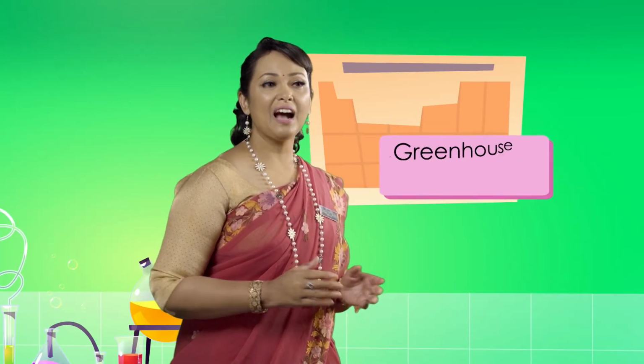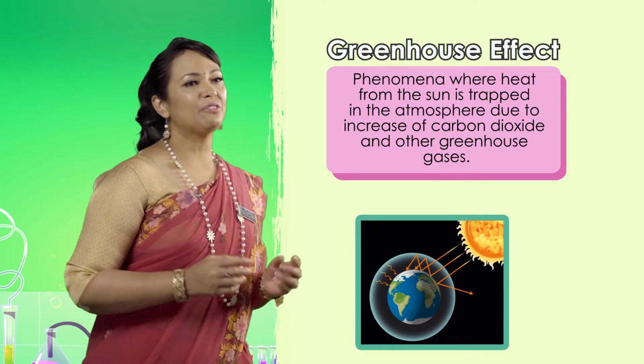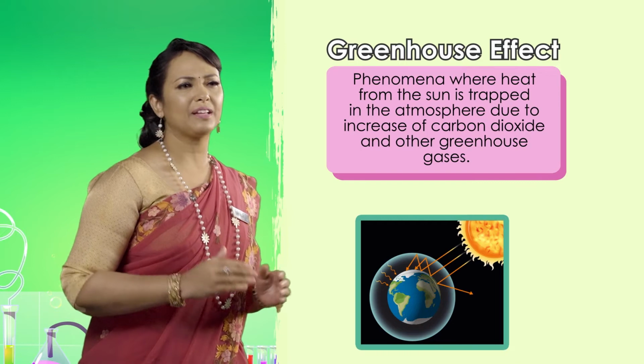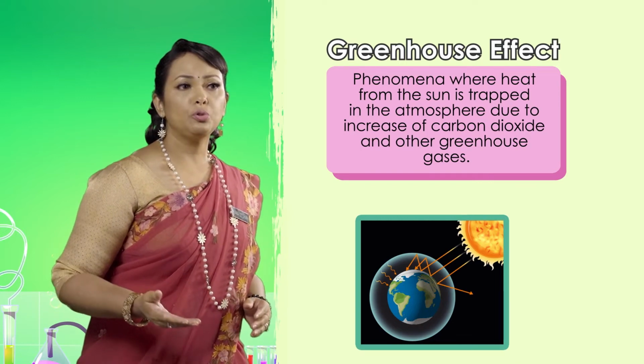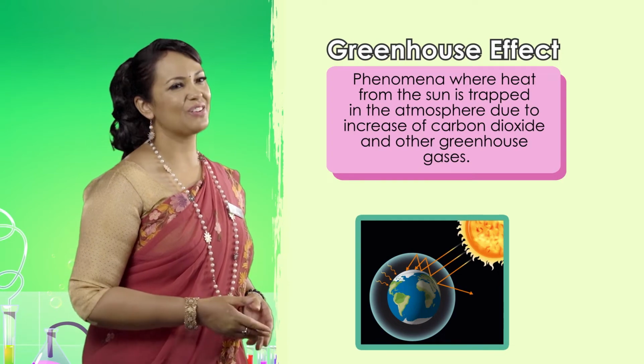Next, we are going to discuss the greenhouse effect and global warming. Maybe you have heard about them, haven't you, boys and girls? The greenhouse effect is a phenomenon where heat from the sun is trapped in the atmosphere due to the increase of carbon dioxide and other greenhouse gases.